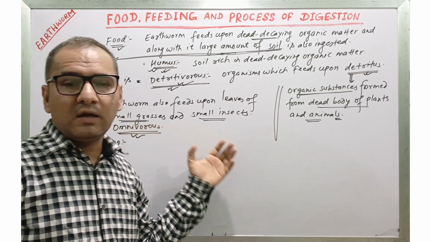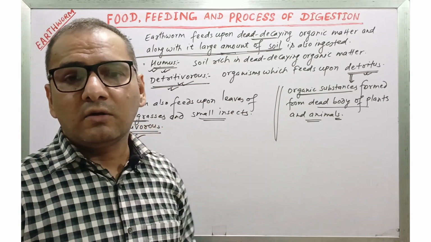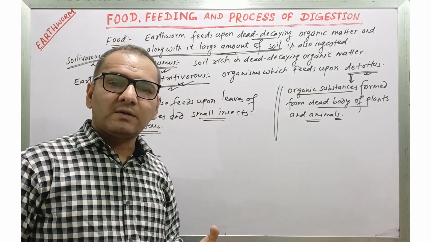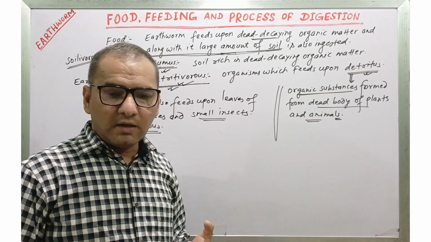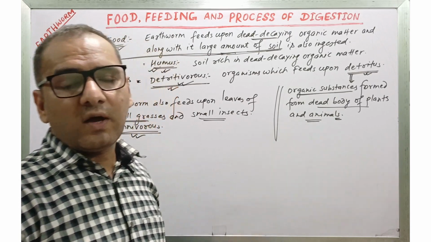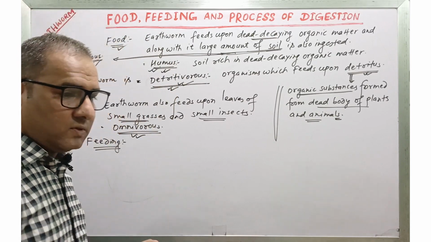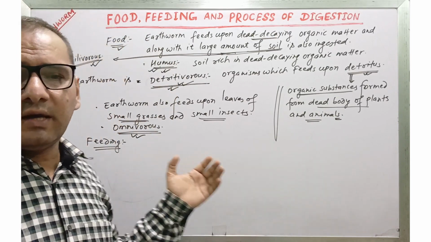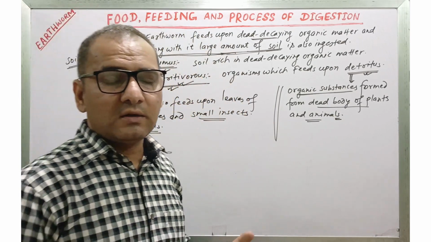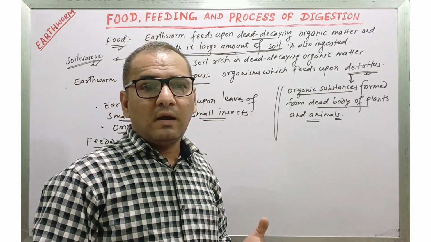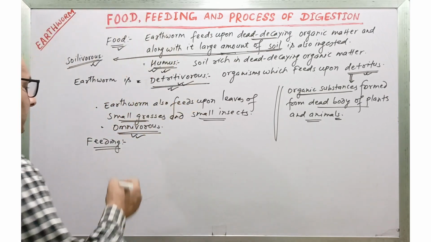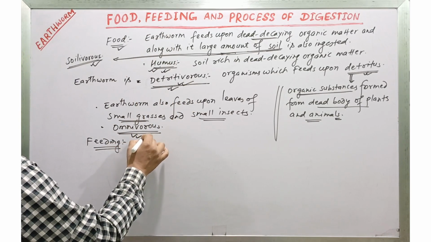Previously, while studying the alimentary canal, we have studied that on the wall of the pharynx there is presence of radial dilator muscle, and that radial dilator muscle by contraction and relaxation makes the pharynx act as pump.